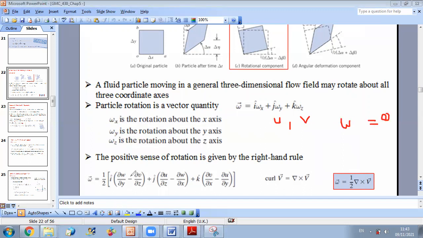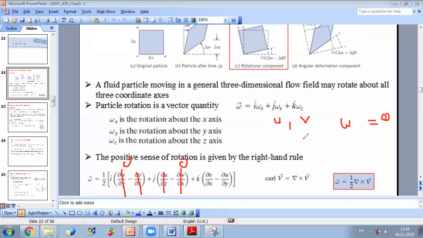In this expression, every term containing W will cancel out. So this term will be 0, and this term will be 0. And since you don't have motion along Z, you don't have variation with Z. So del V by del Z is 0, and del U by del Z is 0.